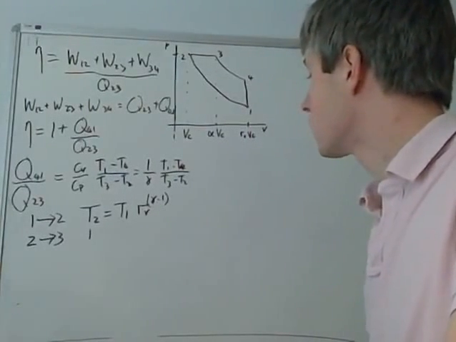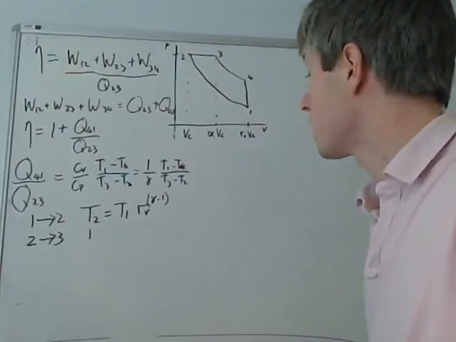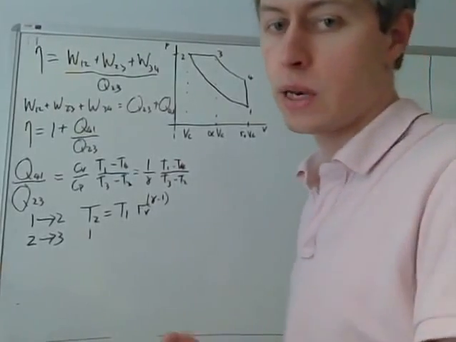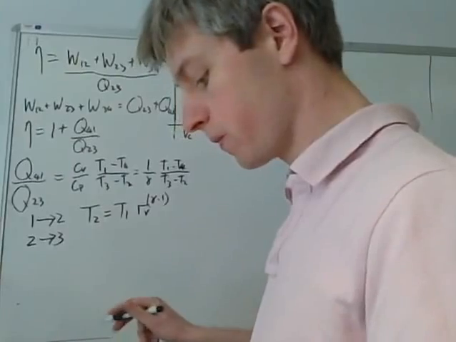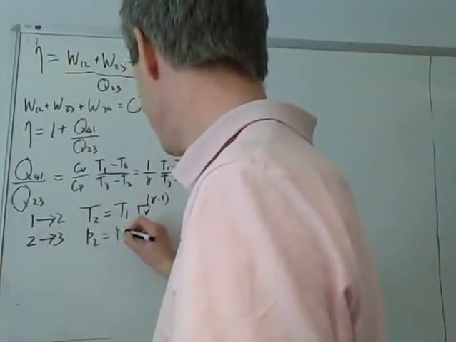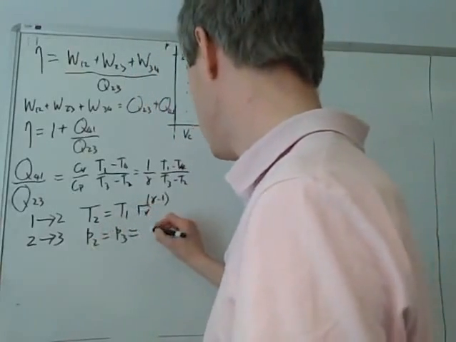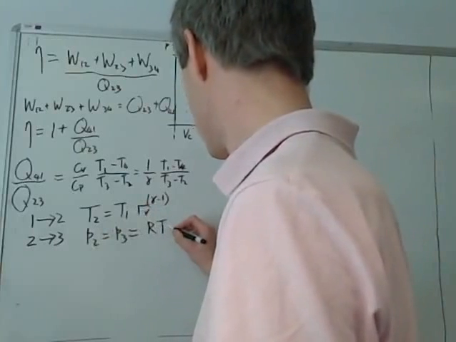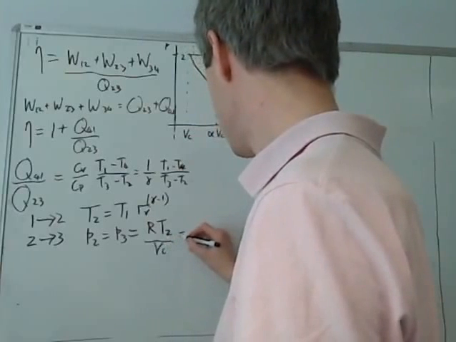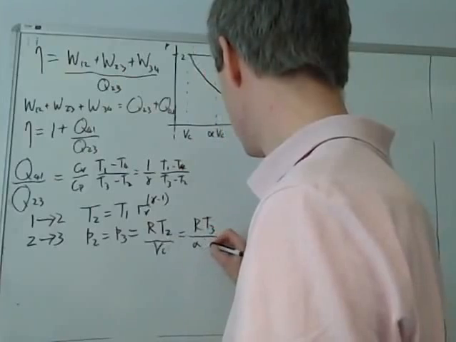We can write in terms of the different volumes what the different volumes are. And so we could use the ideal gas law, because then the only remaining unknown is the temperature. So we know that P2 is equal to P3, and from the ideal gas law, P equals RT over V. And so RT2 over V2, which is VC, is equal to RT3 over the volume at 3, which is alpha VC.